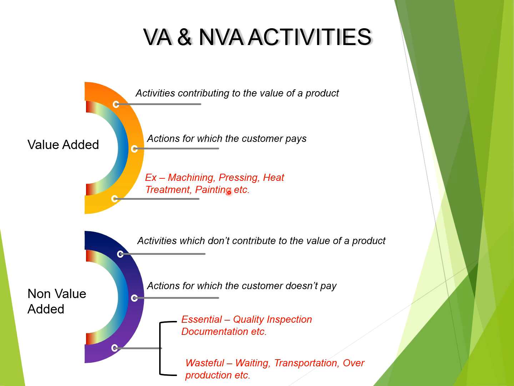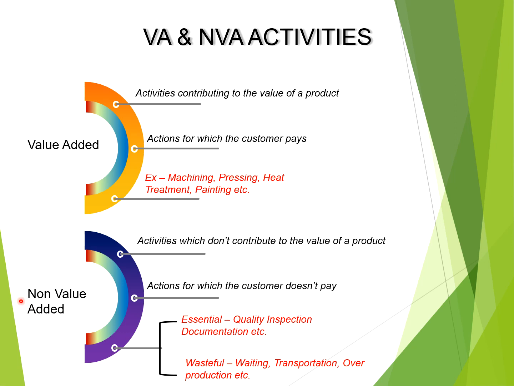For example, machining of a product, press operation, welding, heat treatment, painting, etc. Here the shape of the material also changes. The non-value added activities are those which are not adding value to a product, and these are the activities for which the customer doesn't pay us.